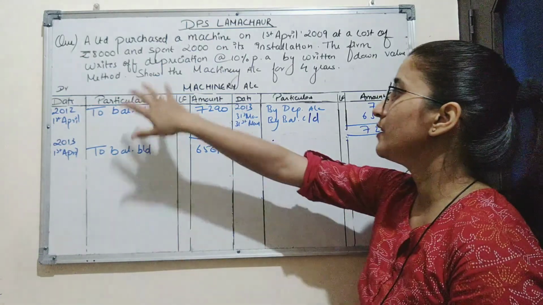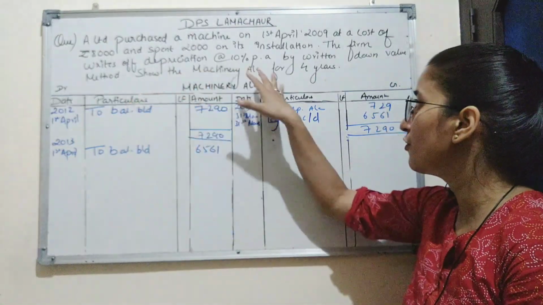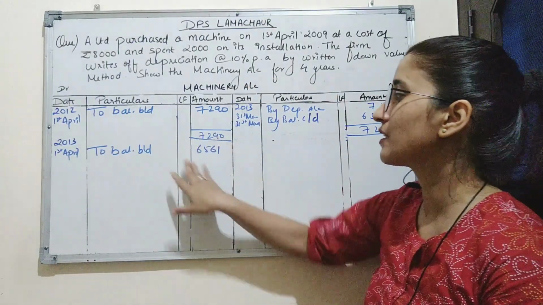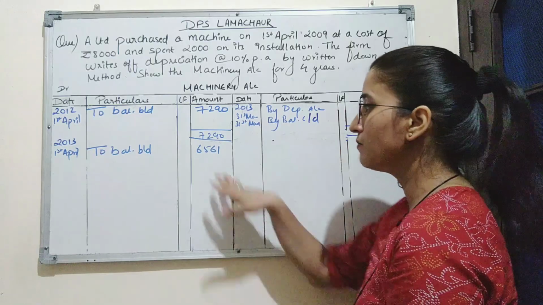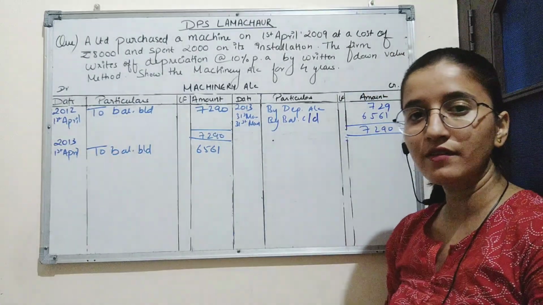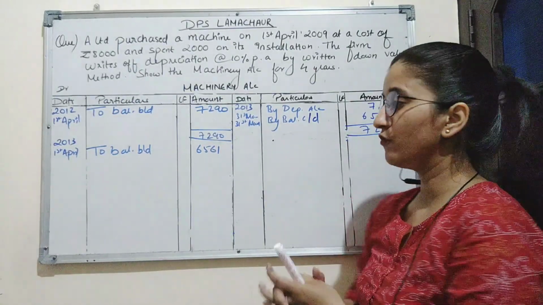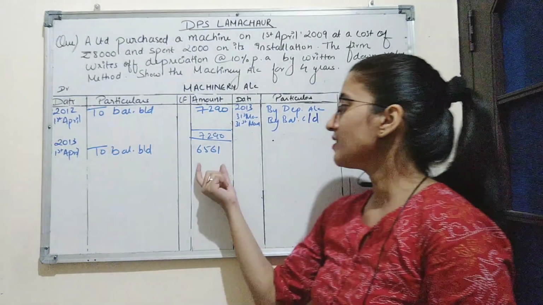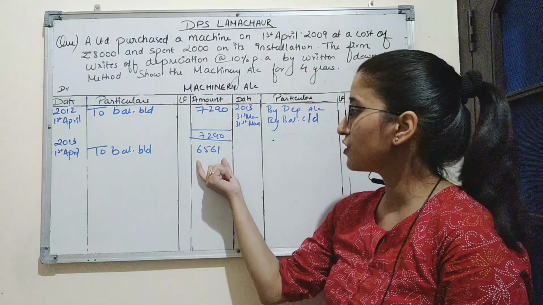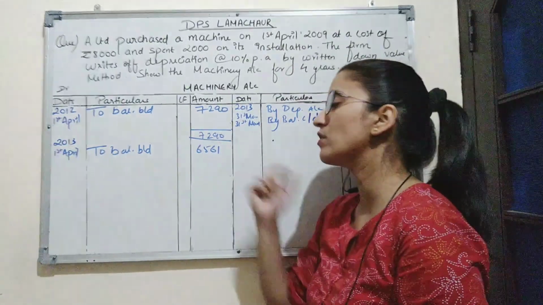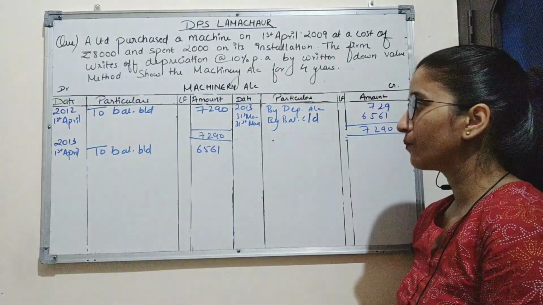That means the depreciation is charged on machinery for 4 years, and after 4 years the actual or scrap value of the machinery becomes 6,561. After charging the depreciation for 4 years, at last in the fourth year the value of machinery becomes 6,561, and this value is known as scrap value.